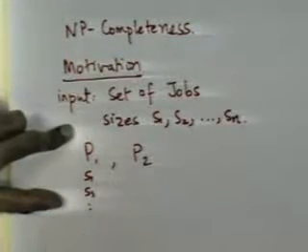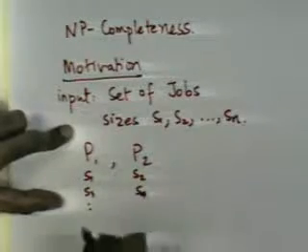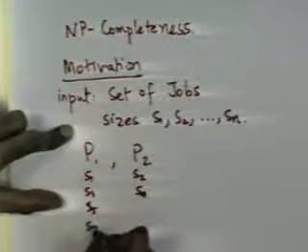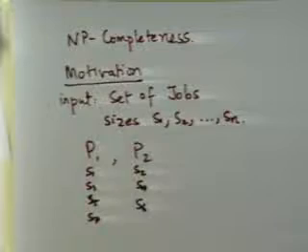Now supposing I schedule the even jobs on P2 and the odd jobs on P1, let's say S1, S3 and so on. Here it's S2, S4. Let's say there are 7 jobs, S5, S7, S6. So this is how the jobs are scheduled. Now the time taken on P1 is S1 plus S3 plus S5 plus S7. Time on P2 is S2 plus S4 plus S6.